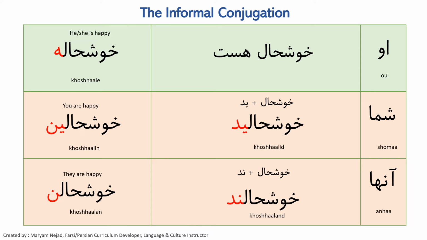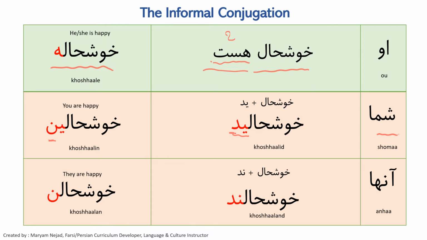Let's also take a quick look at the informal conjugation, which we already kind of covered, but just one more time here. So we said that خوشحال هست, the first one, the whole hast part becomes replaced by a silent he. So it becomes خوشحاله. And for شما خوشحالید, we said earlier that the dal part becomes a noon.